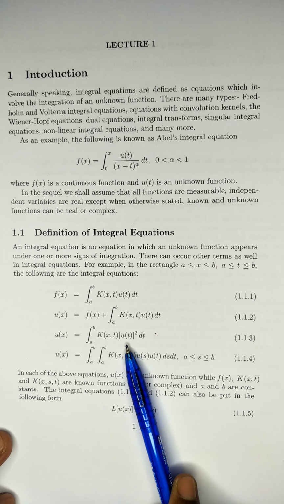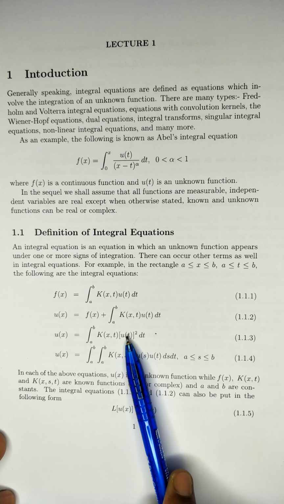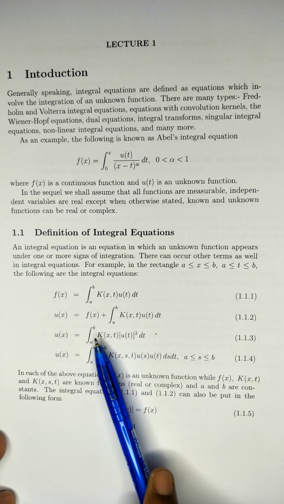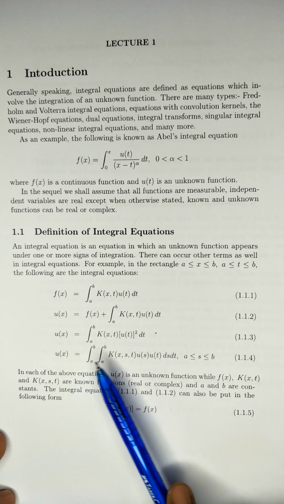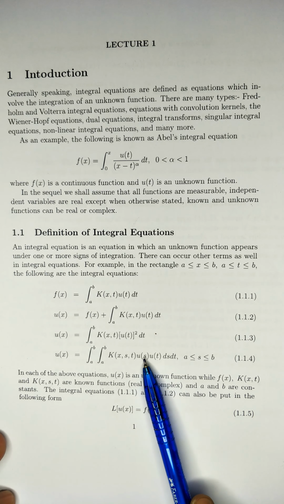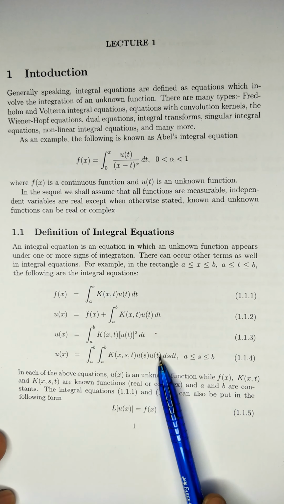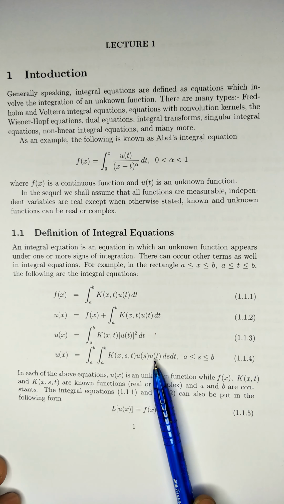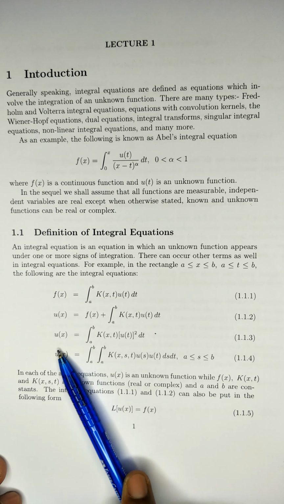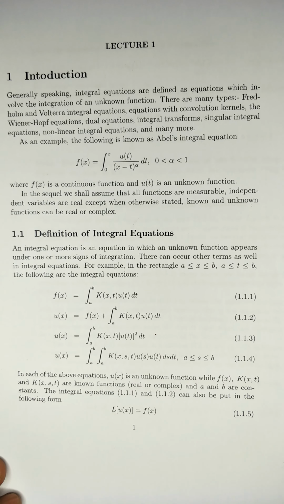And for this case, we have the unknown function squared inside the integral. And in the last example here, we again have the multiplication of two functions of s and t. This is also an unknown function, and k is a known function.